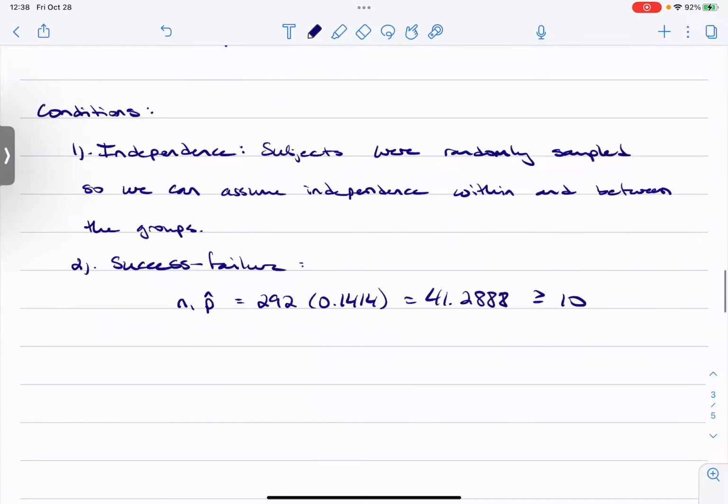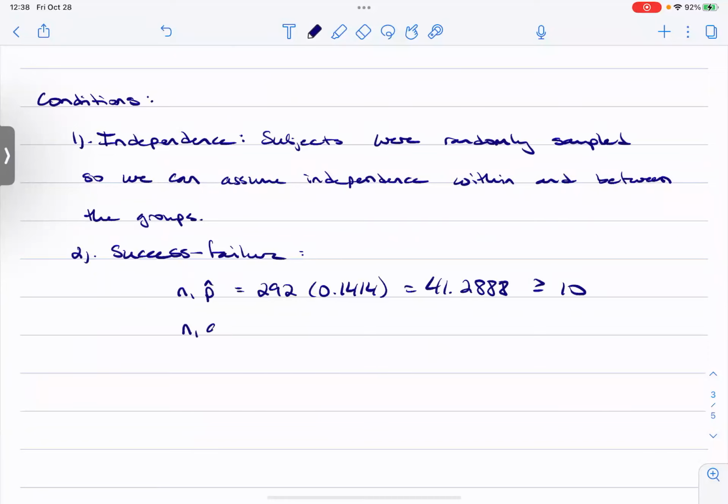Great. n1 times q hat is 292 times 0.8586, which is 250.7112, which is also greater than or equal to 10.